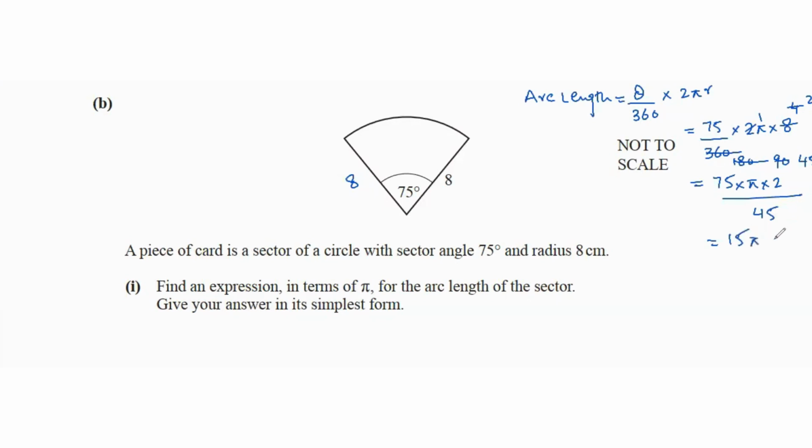So 15 pi times 2 over 9, which can be further simplified into 5 pi times 2 over 3, which is 10 pi over 3. That is your arc length in its simplest form.